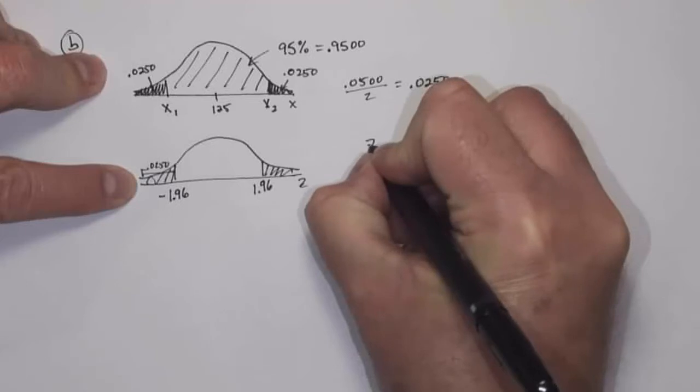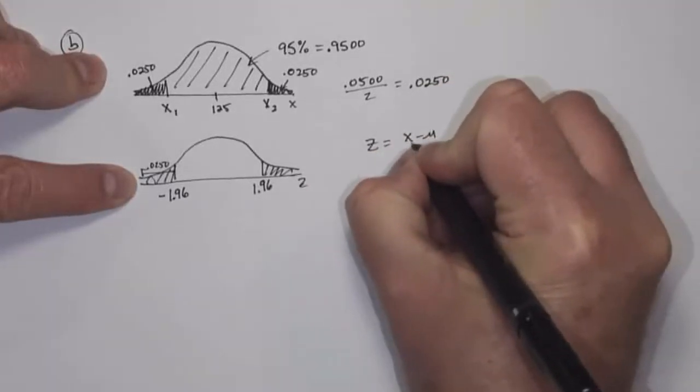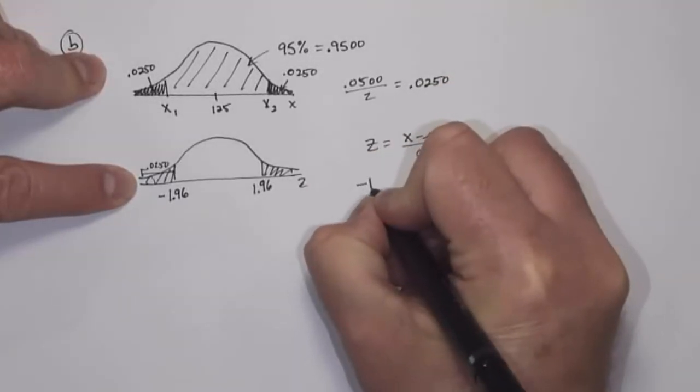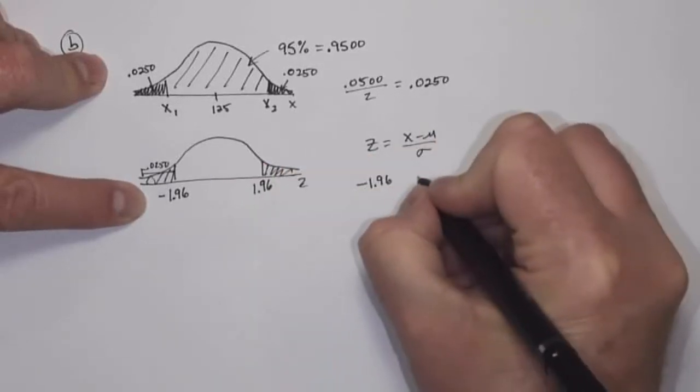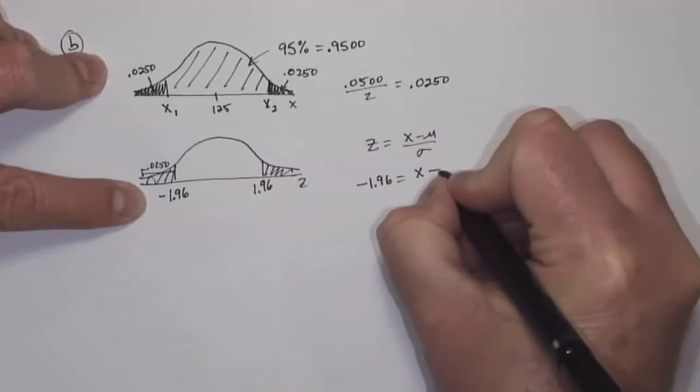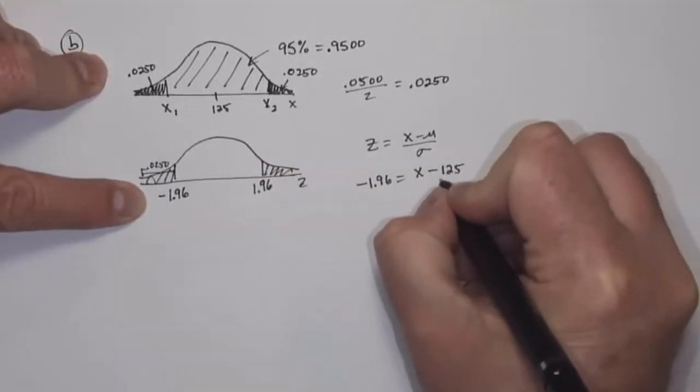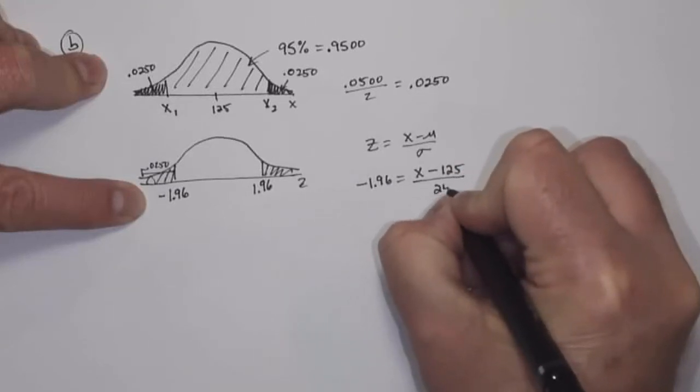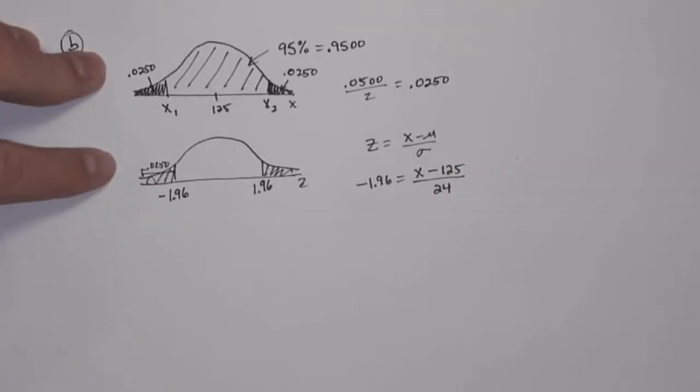So again, we know z equals x minus mu over sigma. So negative 1.96 is our z. That's going to equal x minus 125, because that's the mean, divided by 24, because that's the sigma.